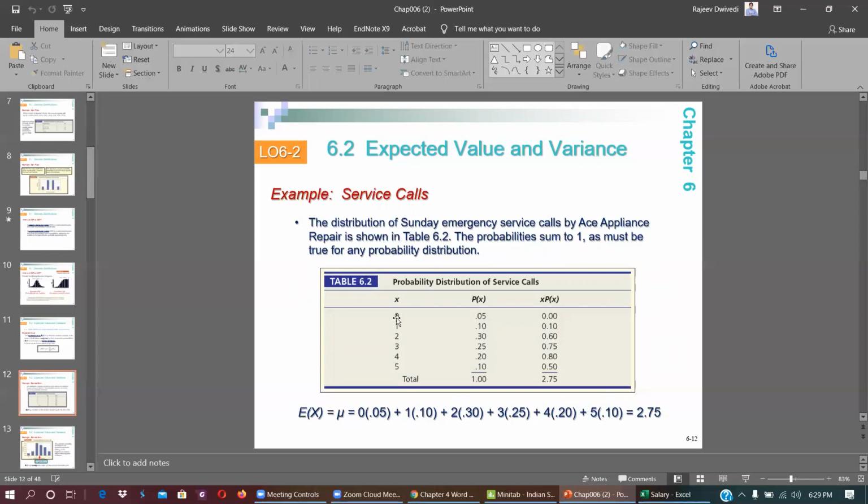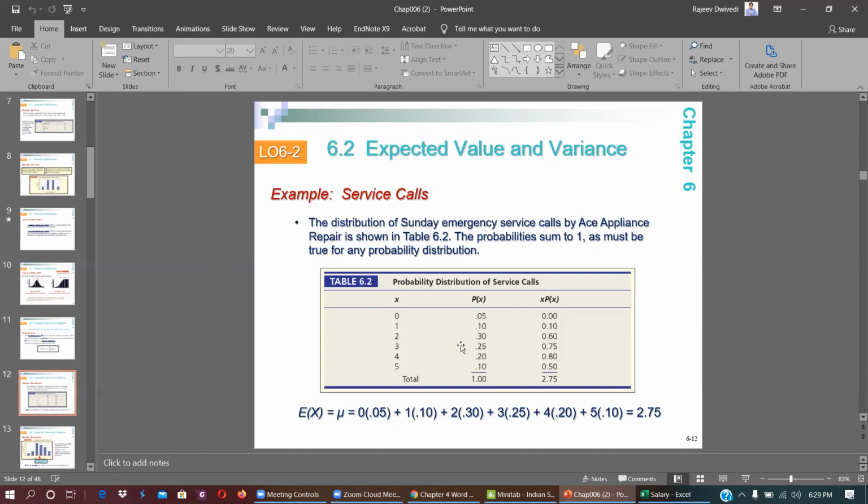Event 0 has probability 5%, and the multiplication is 0. Event 1 has probability 10%. Event 2 has 30%, which is multiplied by 2. So the total expected value comes to 2.75 this way. This is the distribution of Sunday emergency service calls by Ace Appliance Repair.